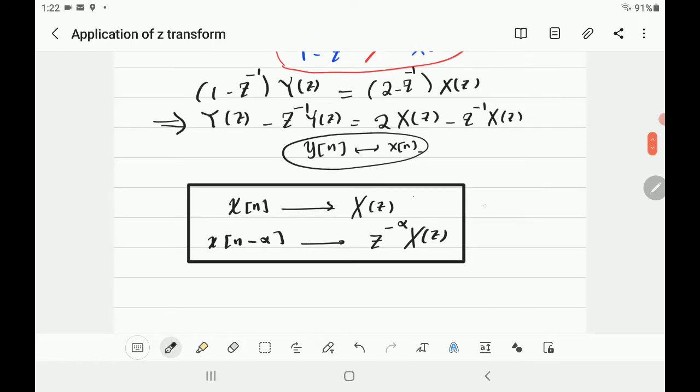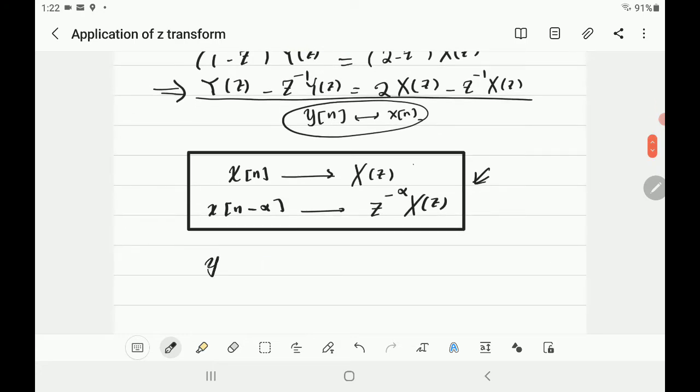I'm going to apply these rules to this equation. The inverse of y of z is equal to y of n. Minus z to the power minus 1 y of z: I'm going to apply that property where alpha is equal to 1 because I have z to the power of negative 1.